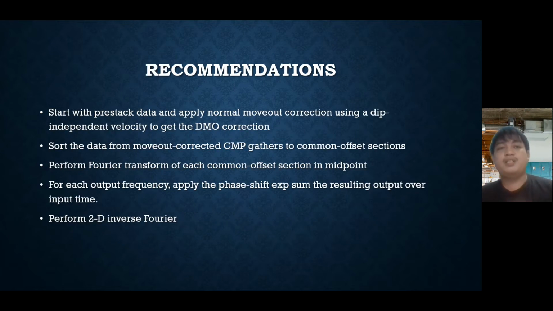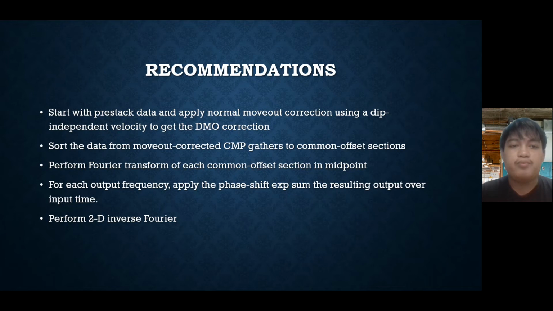So for the recombination part, we can start with DMO, where we start with the pre-stack data and apply the normal move-out correction or NMO using a depth-independent velocity to get the DMO correction. The second part is to sort the data from the move-out corrected CMP gathers to common offset sections. This one we can do in Python.